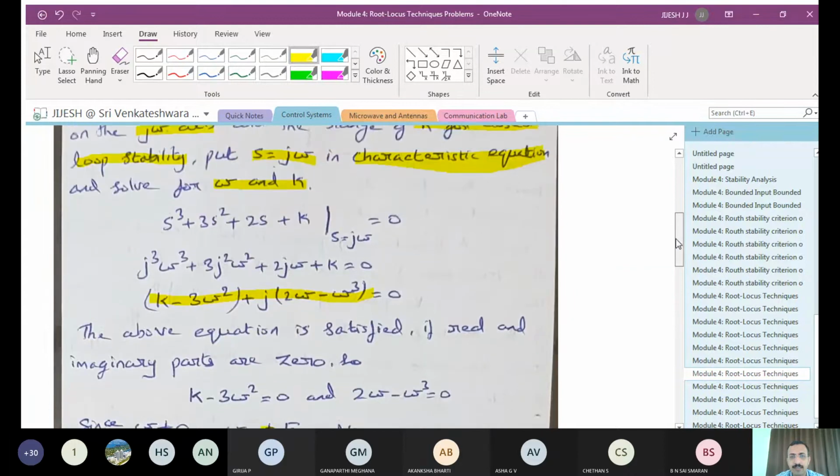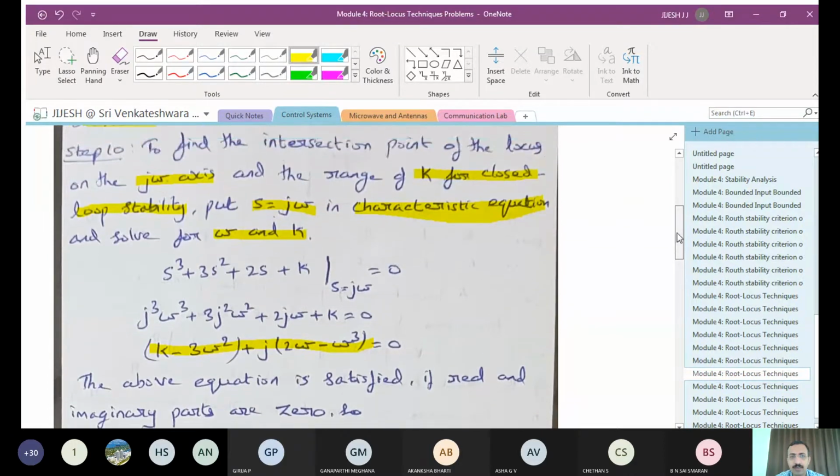You have all completed till step 9 in the previous class. In step 10, you can just substitute s equal to j omega and start finding the values of K and omega. So do that.